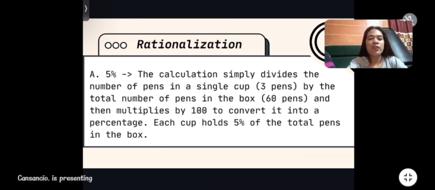The correct answer is letter A. 5%, because we simply divide the number of pens in a single cup, which is 3 pens, by the total number in the box, which is 60 pens, and then multiply by 100 to convert into a percentage. So each cup holds 5% of the total pens in the box.